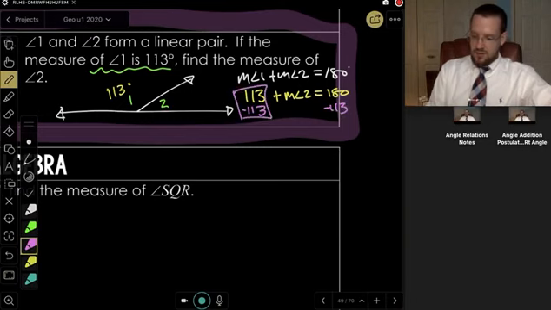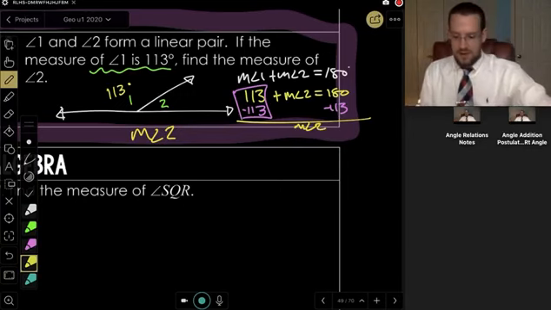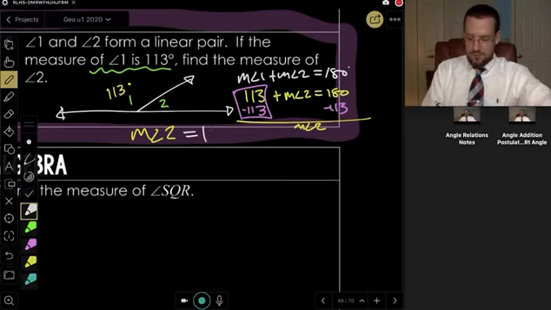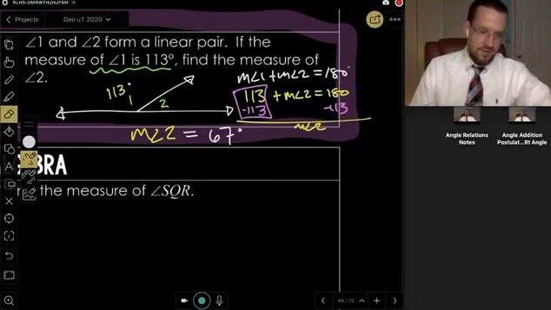These two cancel, and what we are left with is the measure of angle 2, and it is equal to 180 minus 113. How about 167? Oh, just 67, my bad. 67 degrees.